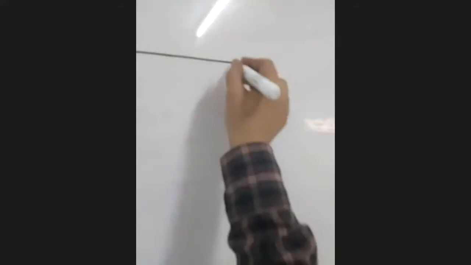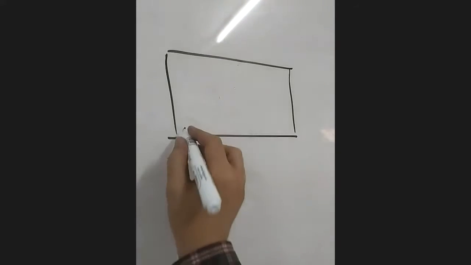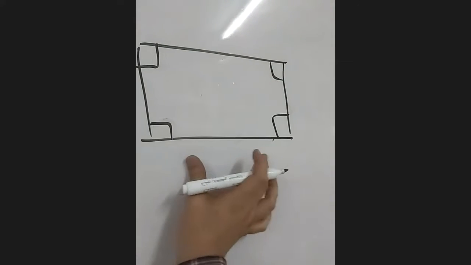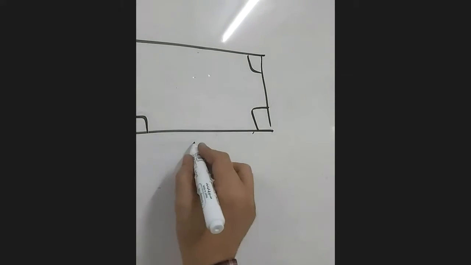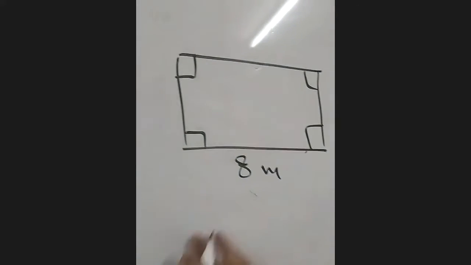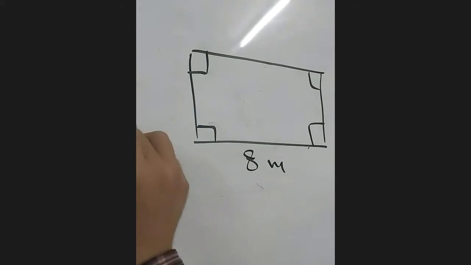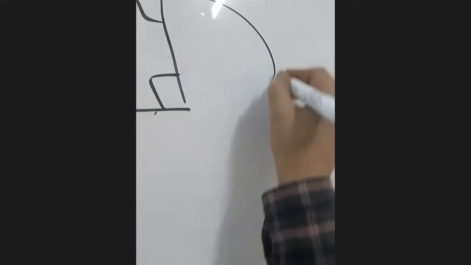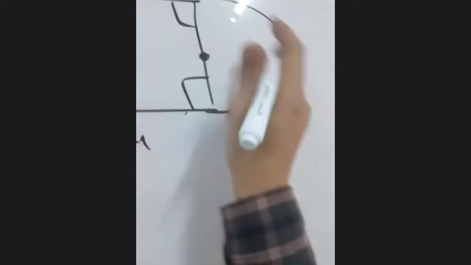For example, look here. I'll give you a question or example. If I have this rectangle here, and the length of it, let's say it is 8 meters. The width, let's say it is 6 meters. And at the end here, I have this figure.